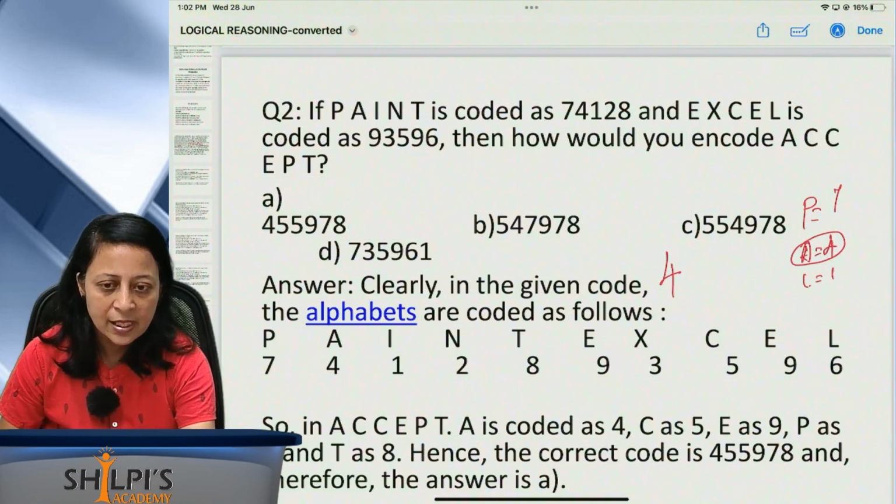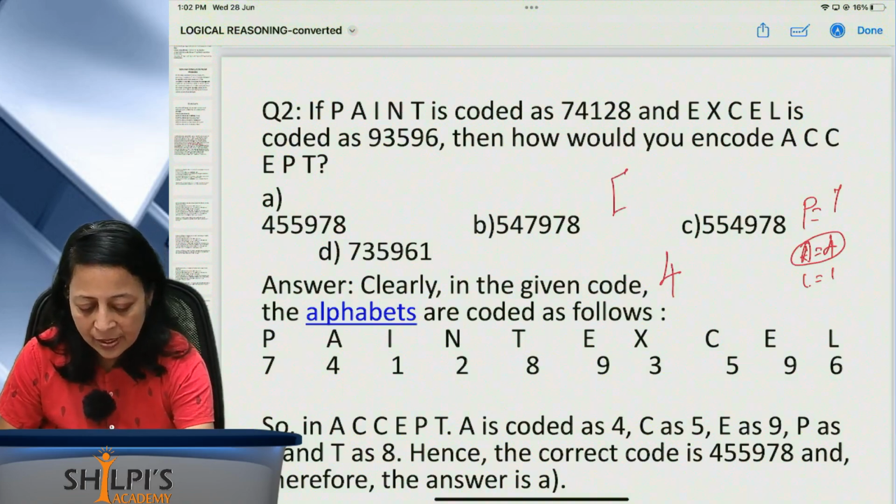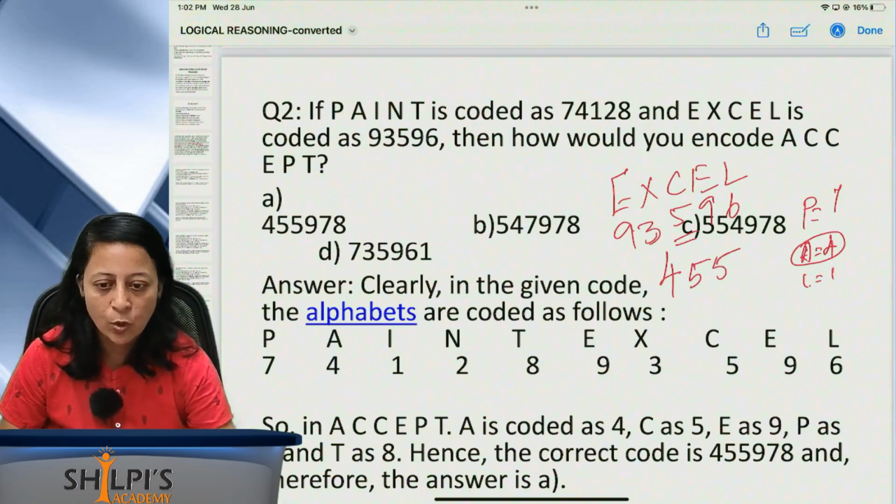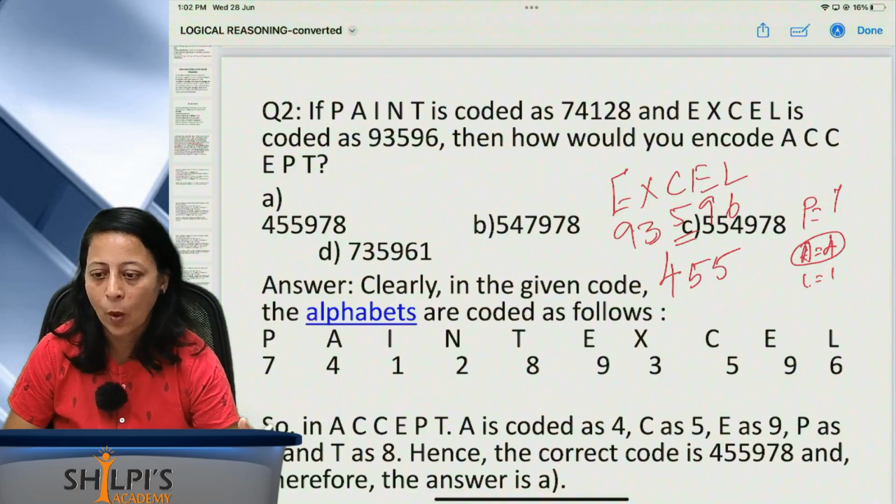Then CC. In Excel we had 9, 3, 5, 9, 6, so CC is 5, 5. So it is 4, 5, 5. Just see which goes with 4, 5, 5. It is option A.